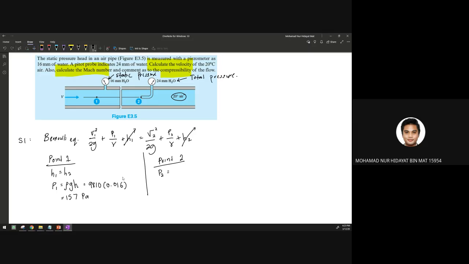This is different. The total pressure is the combination of these terms, all of this we call the total pressure. I want the static pressure at 2. What's the static pressure at 2? Anyone?